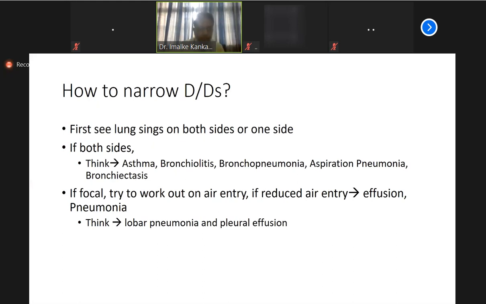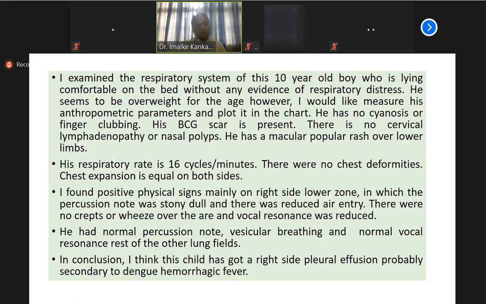If focal, try to work out on air entry. If reduced air entry, effusion, pneumonia. Think about lobar pneumonia and pleural effusion if there's only one side. So this is how you can present.